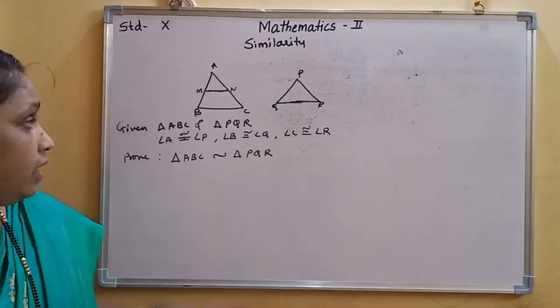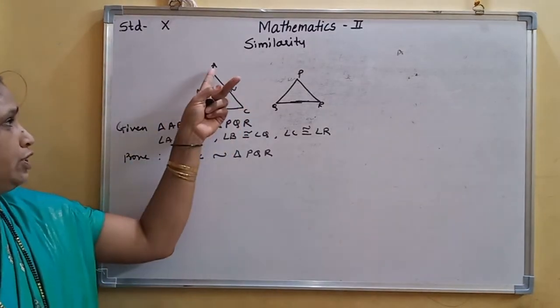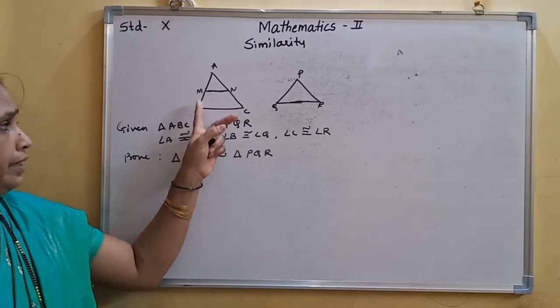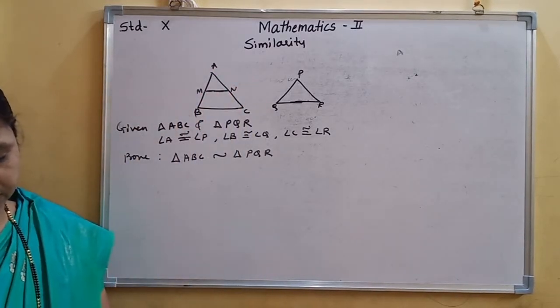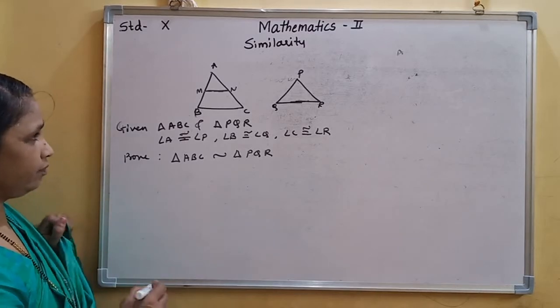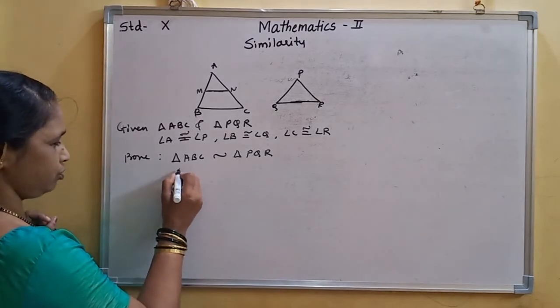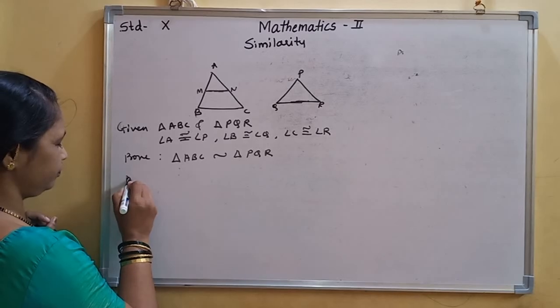Now we mark points M and N, M on side AB and N on side AC.